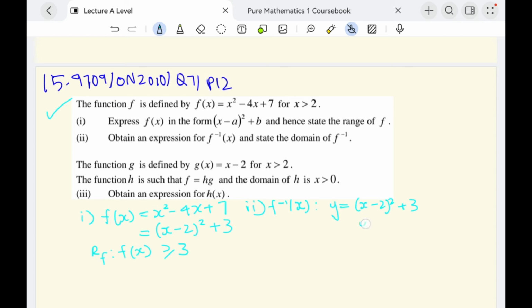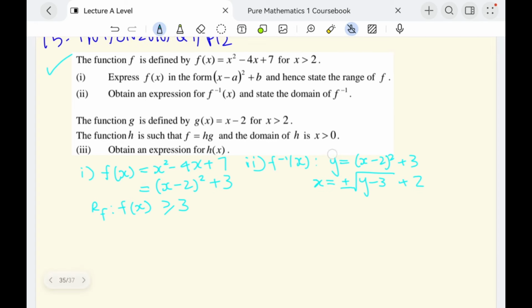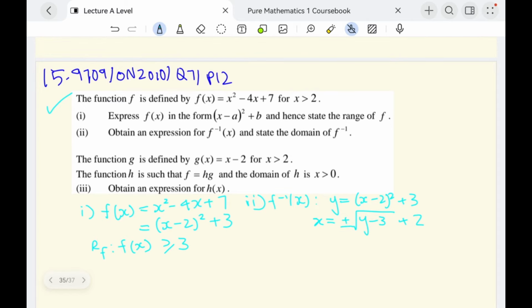So I have x equals plus or minus square root of y minus 3, plus 2. For this part, you must take note now. What is the condition of this square root? Yes, y minus 3 must always be positive.